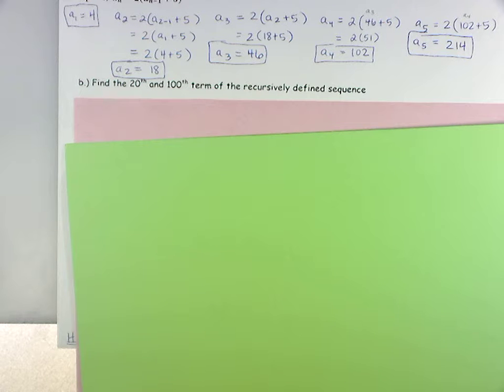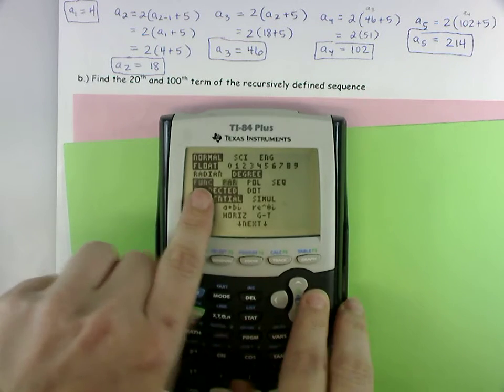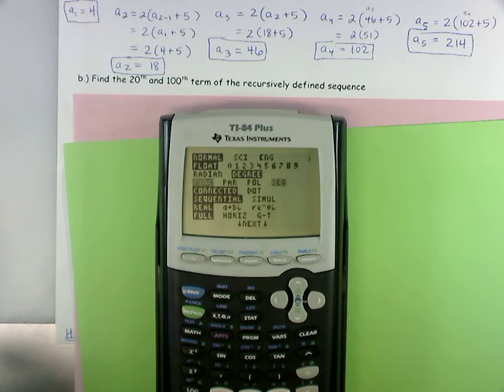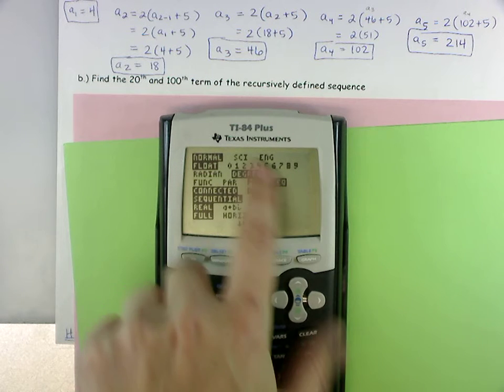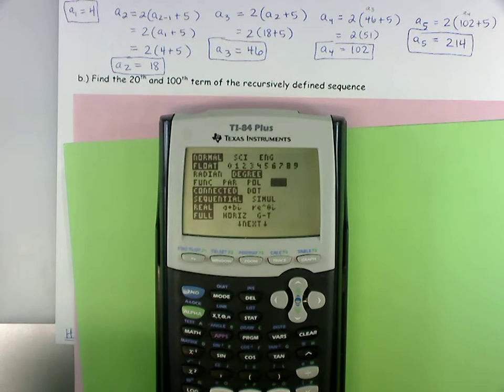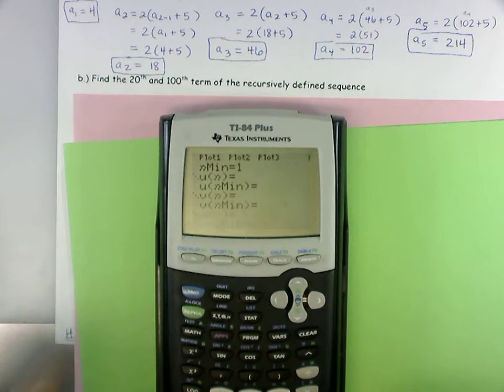So go to mode, and usually we're in function notation. We did parametric, we did polar, and now we are doing sequential. So once you go to your mode, you're going to highlight the sequential, and then go to your y equals.